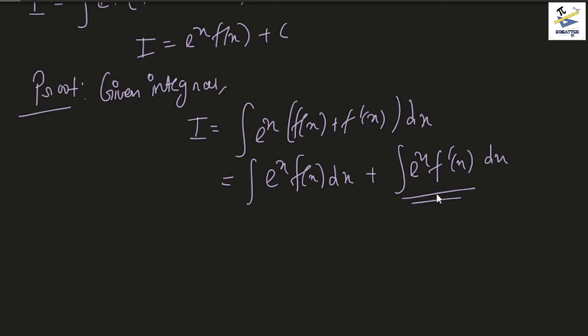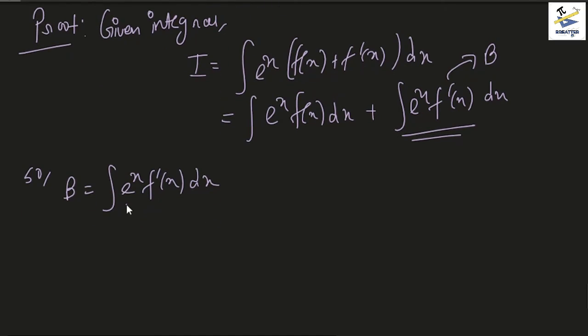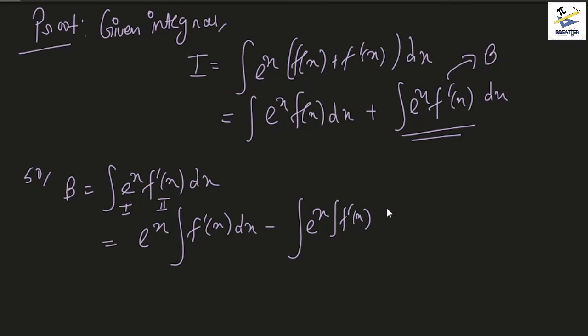So let us try to break down this second integral. Name this integral as b. So b equals the integral of e to the power x into f prime x dx. If you apply integration by parts here with e to the power x as the first function and f dash x as the second function, what you get is e to the power x into f dash x integrated, minus the derivative of e to the power x, which is just e to the power x, and the integral of f dash x, and then a dx outside, right?